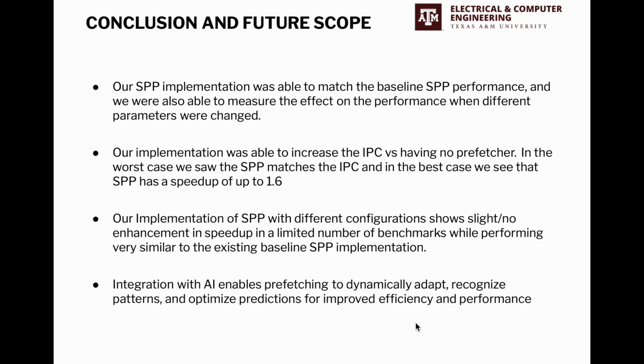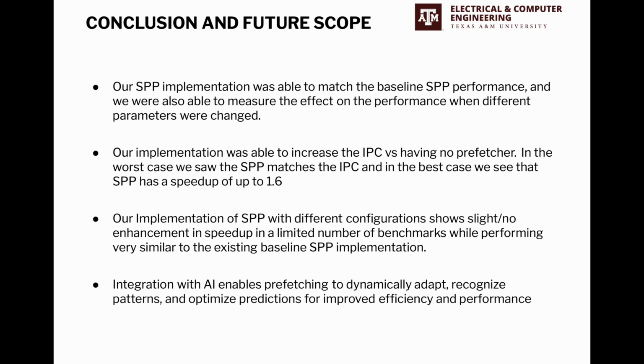In conclusion, we can see our SPP implementation is almost similar to the baseline implementation, with the exception of a few benchmarks where we could see a slight improvement in the speedup. We have also seen that changing some of the parameters, such as fill threshold and PF threshold, can improve the accuracy quite a bit and show a slight change in the speedup too.